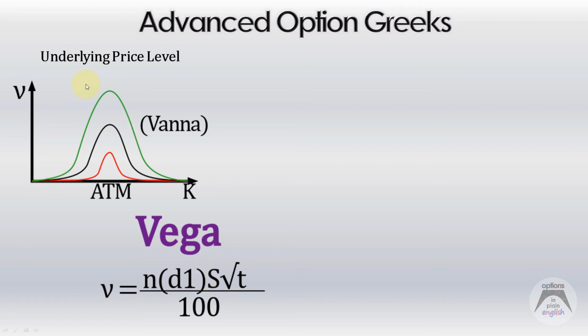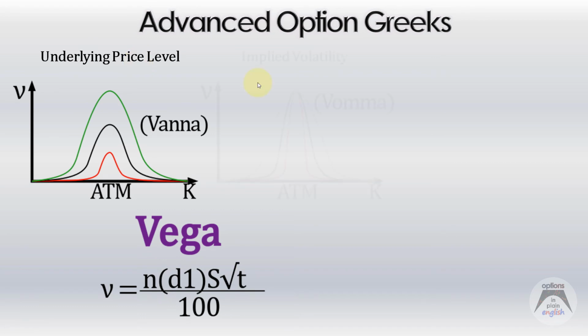So more price, more Vega, less price, less Vega, until very low stock prices have very little Vega. But the basic shape, again, is the same as the standard normal distribution, just scaled up or down depending on, in this case, the underlying price.